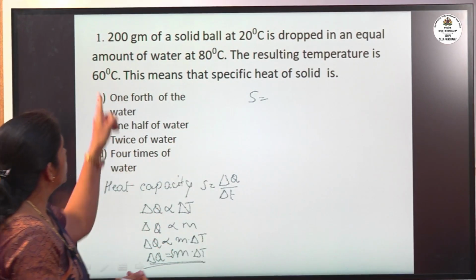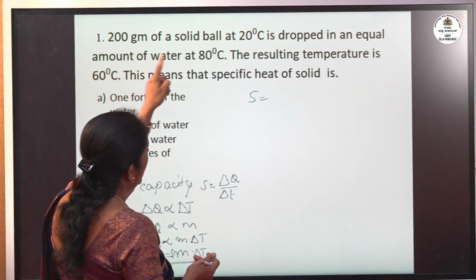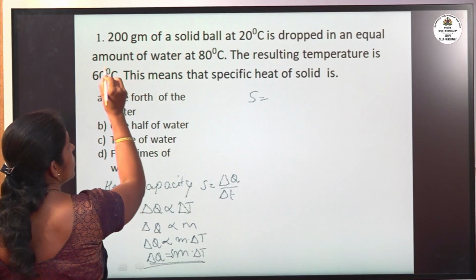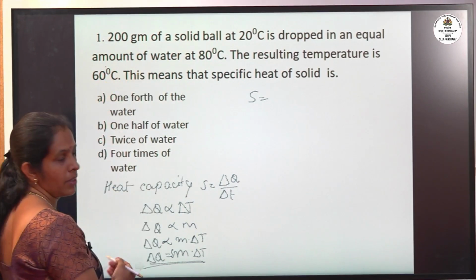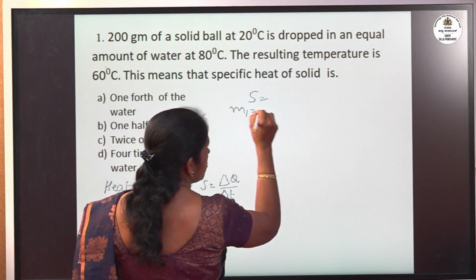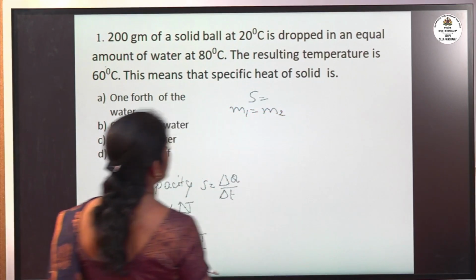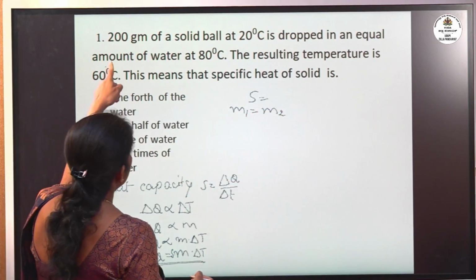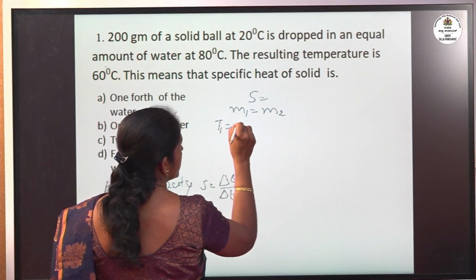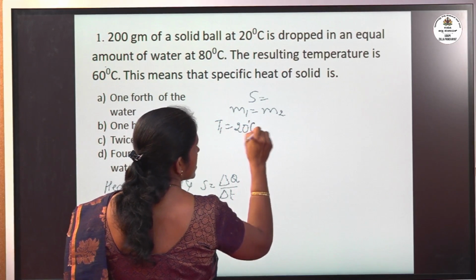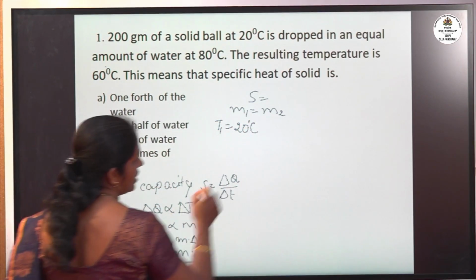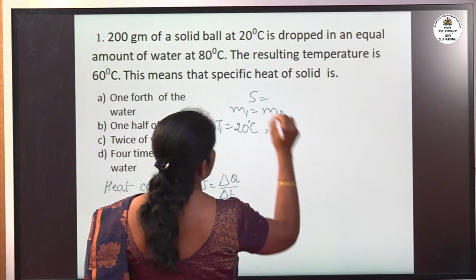Here 200 gram of solid ball at 20 degrees Celsius is dropped into an equal amount of water. That means from the question we get M1 is equal to M2. Let T1 be the initial temperature of the solid ball. This is 20 degrees Celsius. Is dropped into an equal amount of water at 80 degrees Celsius.